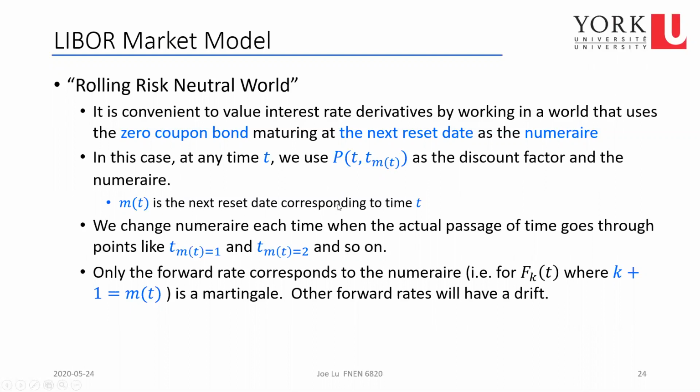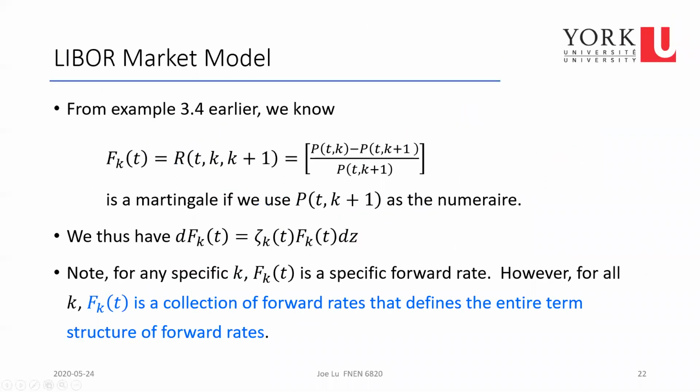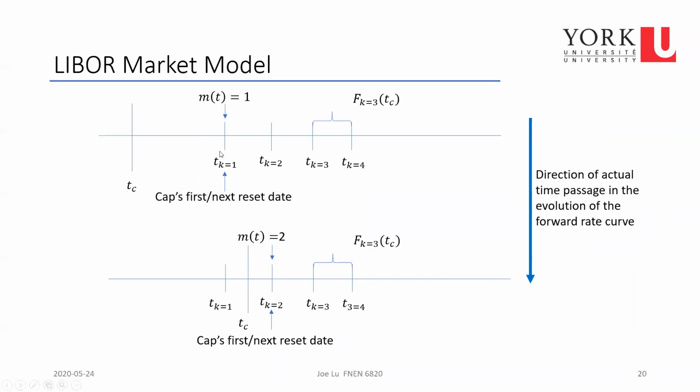Okay, so if you look at the chart there, initially P is the zero coupon bond between here and here, the numeraire. Then if the evolution occurs and the current time has moved to this point in the simulation, the zero coupon bond now used as a numeraire will be a zero coupon bond from here to here.